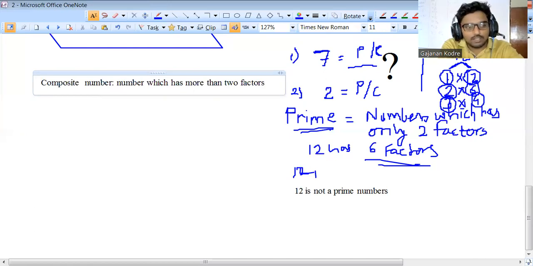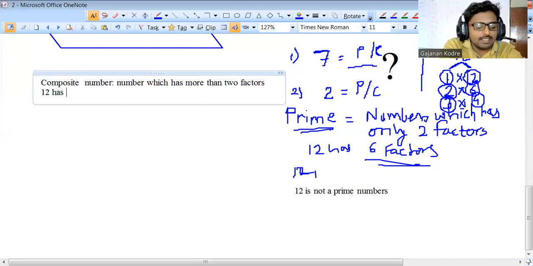Okay, so यहाँ पे देखो, 12 has 6 factors, which is more than 2 factors. Thus 12 is a composite number.